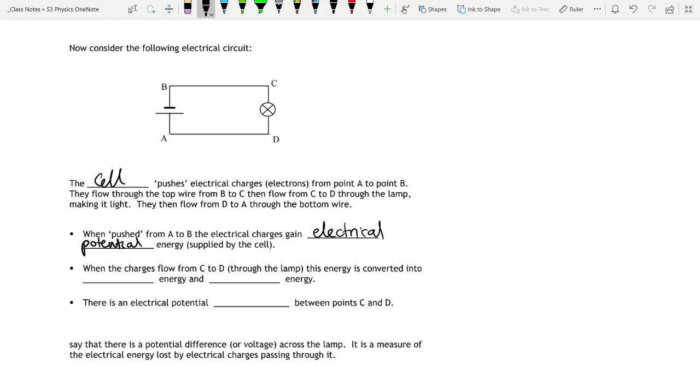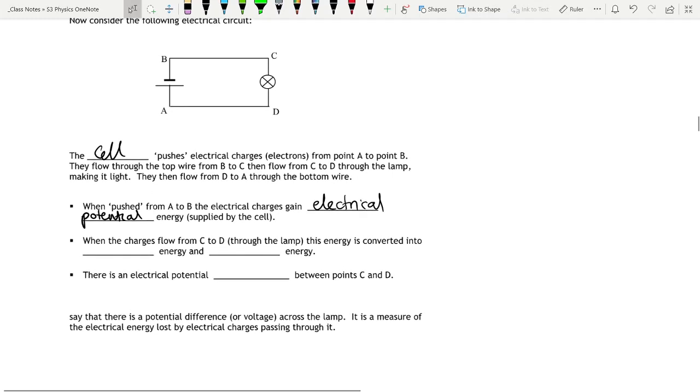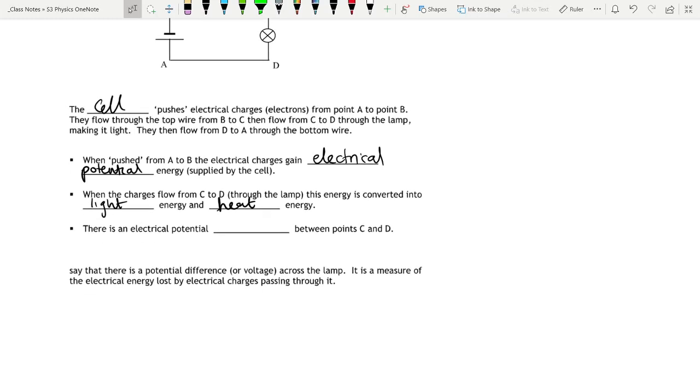Supplied by the cell. When the charges flow from C to D through the lamp, I almost gave it away then. What is the energy change in a lamp? Electrical to light, and yes. So that electrical energy gets changed into light and heat, just like the gravitational potential energy got changed into kinetic when it fell down.